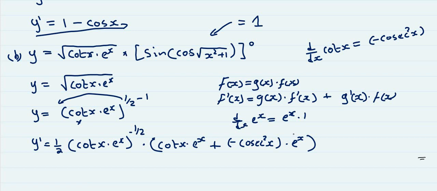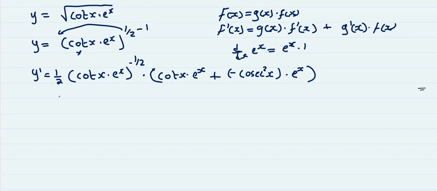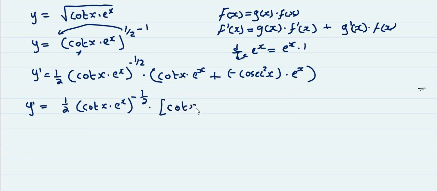Most of the time you may simplify and continue, but if they give you a long one you can simplify further. Then y prime is 1 over 2 of cot x multiplied by e to exponent x to the power minus 1 over 2 multiplied by cot x multiplied by e to exponent x, and because of this minus you have a minus cos x squared x multiplied by e to exponent x.